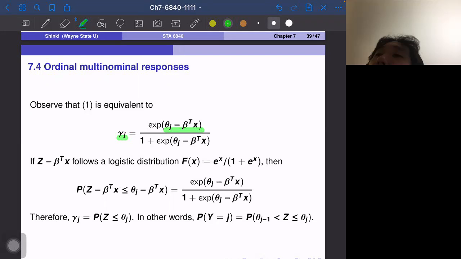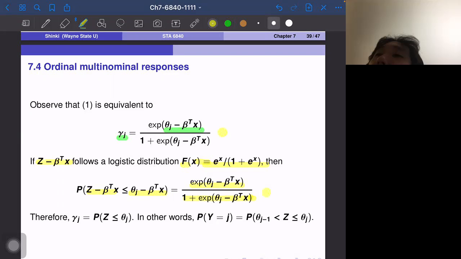So this z, if z minus beta transposed x follows a logistic distribution, then the probability that z minus beta transposed x is less than theta j minus beta transposed x is given by this function, by the definition of F. And actually the right-hand side is the same as the previous equation.